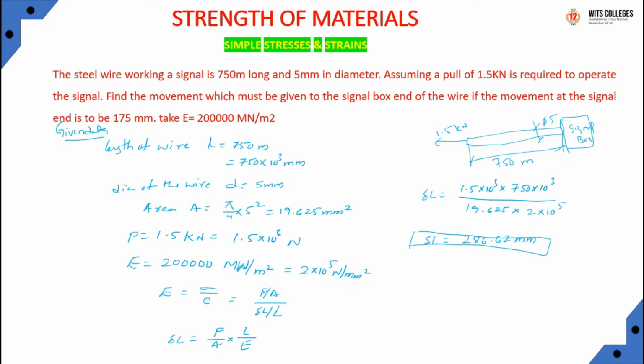But this is the change in length of the wire, and we have to find out the movement of the signal box. One end of the signal wire is moved 175 mm. So what is the total movement?